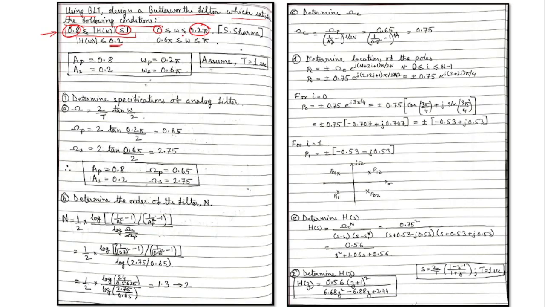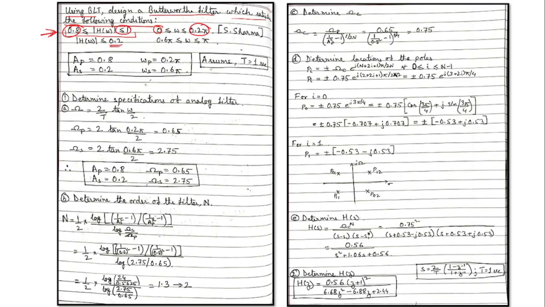Since we already know that the pass band has higher amplitude values than the stop band, we can directly say that the first portion, where modulus of H(omega) varies in the range of 0.8 to 1, is the pass band, and modulus of H(omega) less than or equal to 0.2 is the stop band.